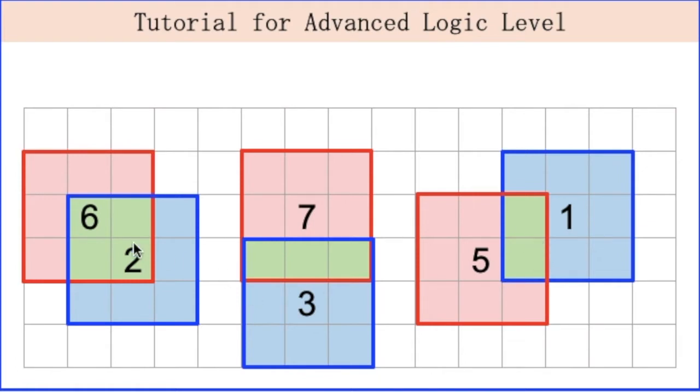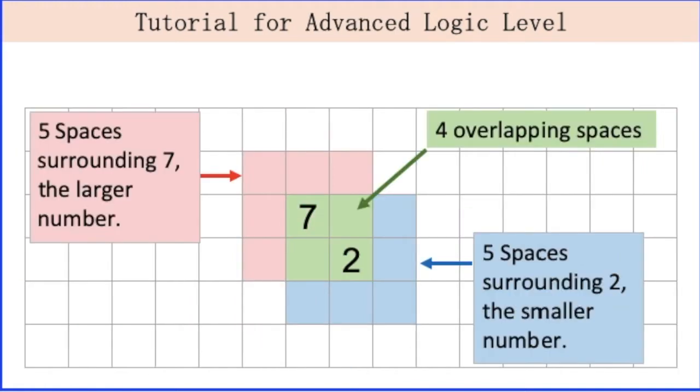But in this video, we're going to look at the diagonal numbers only. Maybe I will do these in future tutorials. So going back, every time we have 2 diagonal numbers, it's 5 here, 5 there, and 4 in the middle.